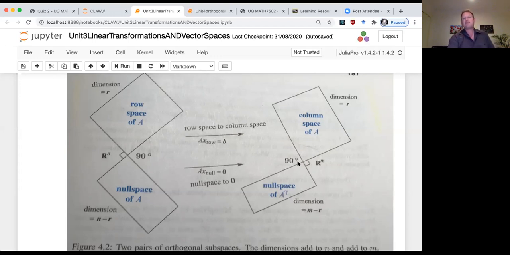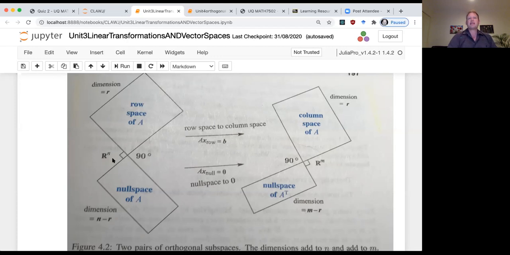That's here. Okay, this is of course a schematic description. This is not a geometric description. And the dimension of the null space of A transpose is M minus R. Now, if we go into the other associated space with the matrix, that's Rn. Rn is the number of columns.